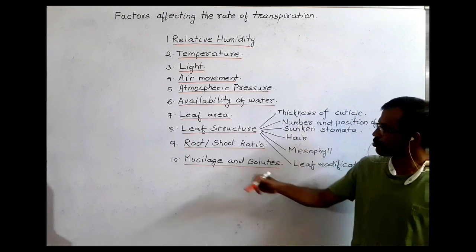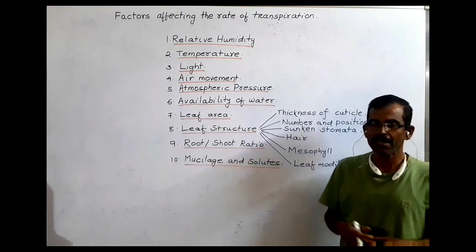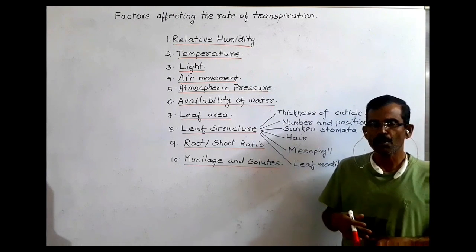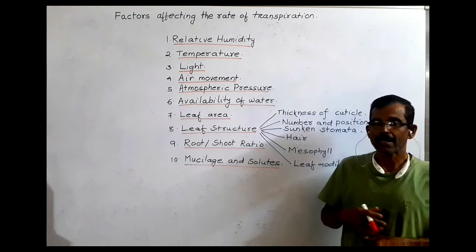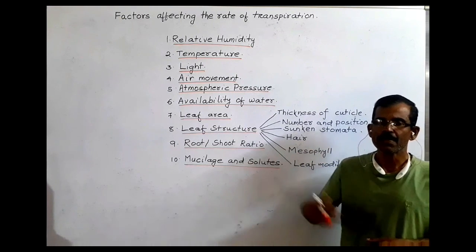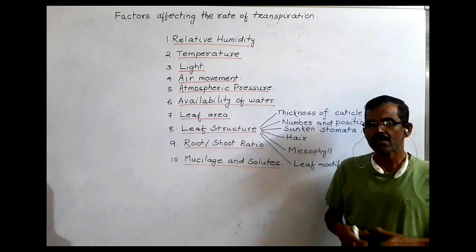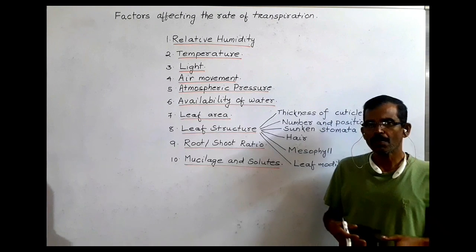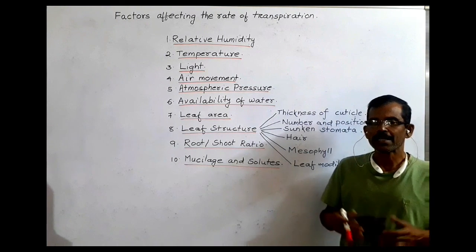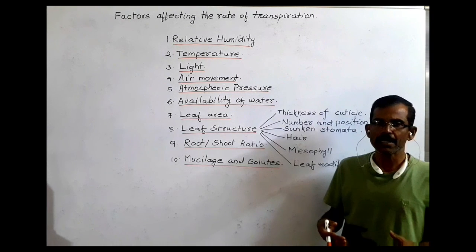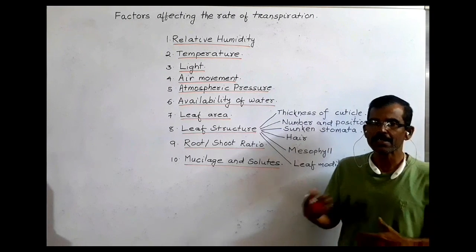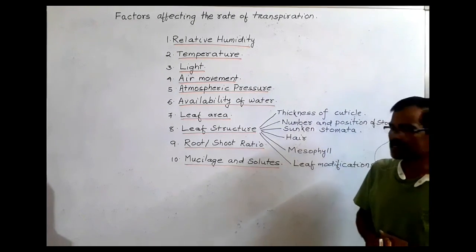So when the root to shoot ratio is high, then the plant absorbs more amount of water, that also increases the rate of transpiration. Because when more amount of water is absorbed, it increases the water availability in the plant, thereby increasing the rate of transpiration.